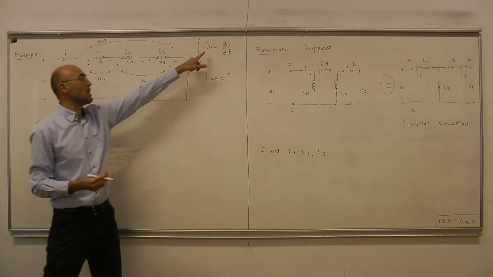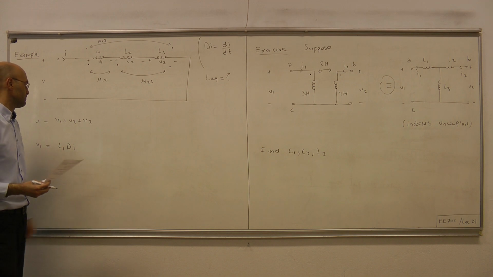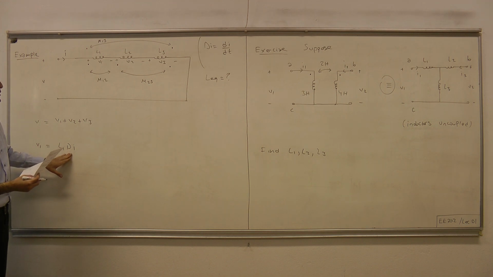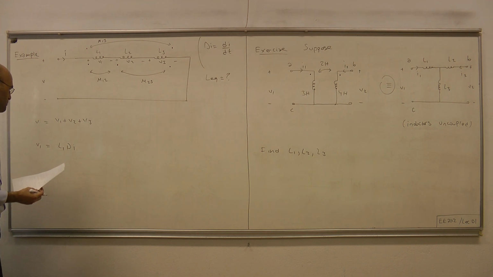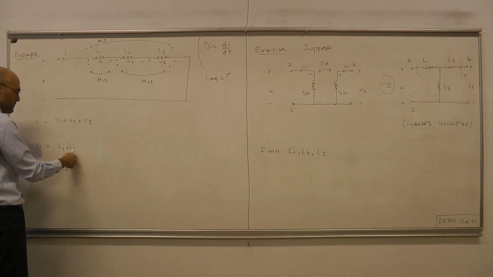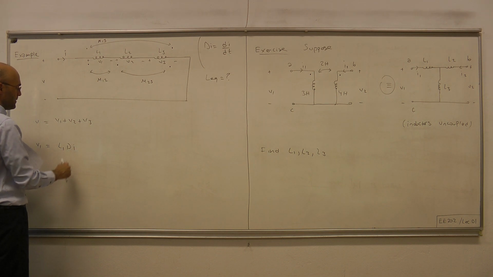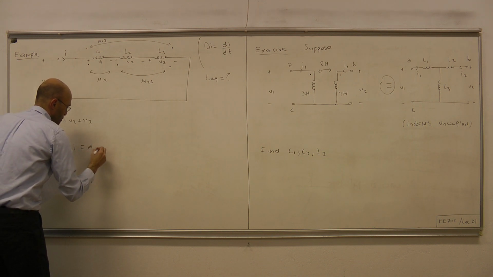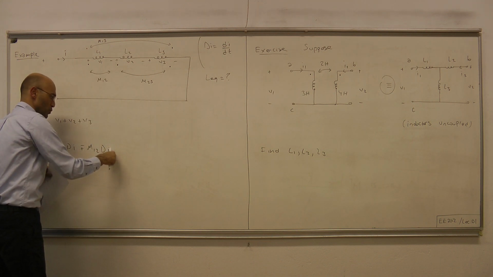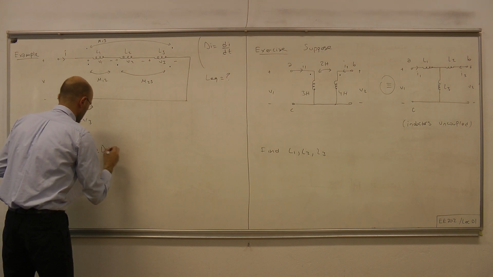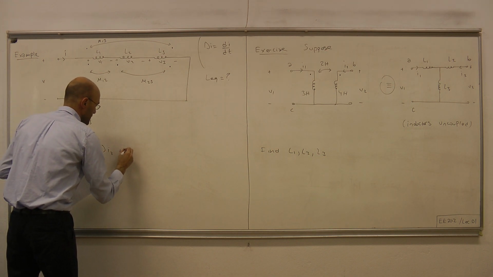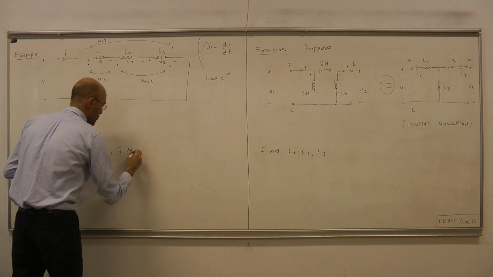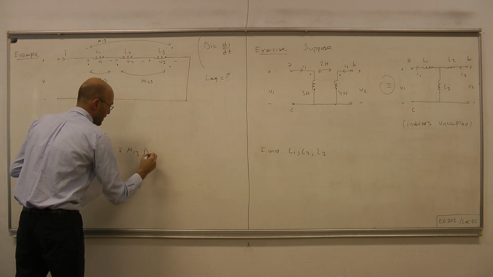So we're using the capital D notation to denote rate of change with respect to time. So we have L1 dI1 plus or minus N12 dI2, plus or minus N13 dI3.